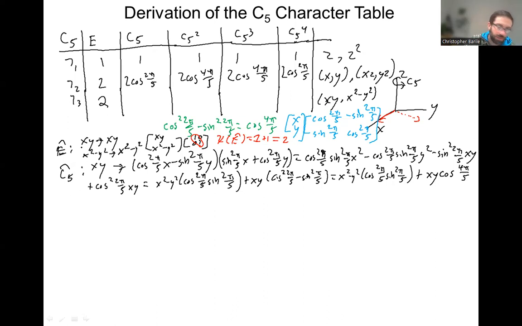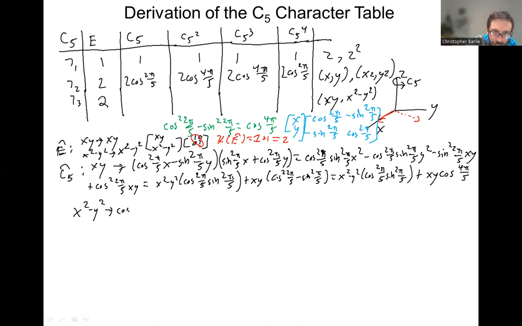So we did that for identity, right? With xy doing something, x squared minus y squared doing something. For C5, with xy doing something, well, we have to figure out what x squared minus y squared does. So this one, the math is even longer, right? We know what x does. X goes into, up here, cosine 2 pi over 5 x minus sine 2 pi over 5 y. So let's write that down, and we're going to have to square it. I'm actually going to just know that it's this term here squared, and then we're going to go through and FOIL that out, right?